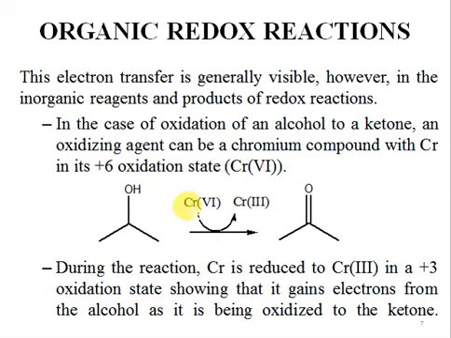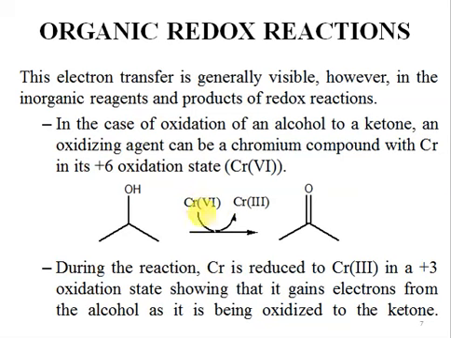But if we look at the inorganic reagent, in this reaction we are using chromium 6 as the reagent. The oxidation state of chromium 6 is changing to chromium 3. It was previously positive 6, now it is becoming positive 3, so the positive number is decreasing. A decrease in positive number means the chromium is becoming more negative, and when something is becoming more negative, it means it is becoming reduced.